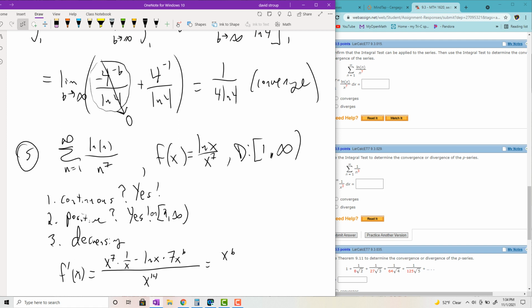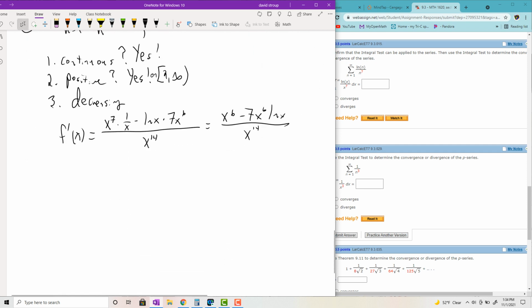So get x to the 6 minus 7 x to the 6 times ln of x all over x to the 14. I'm going to factor out the x to the 6 from the numerator. I get 1 minus 7 ln x all over x to the 14. You could simplify that a little bit. So I get 1 minus 7 ln x all over x to the 8th, I believe.